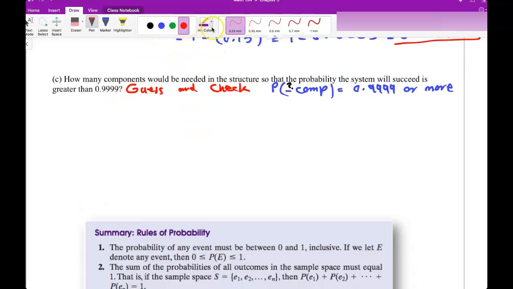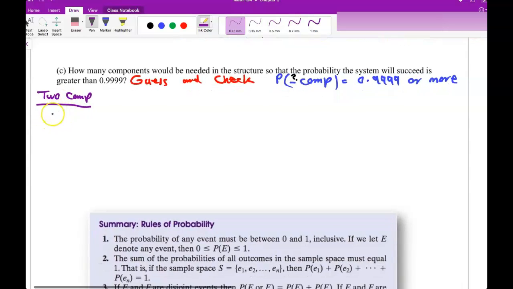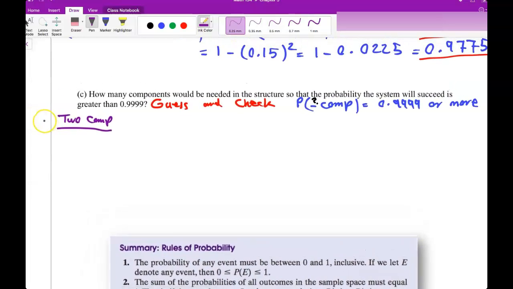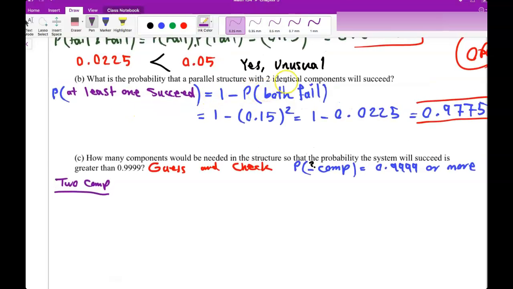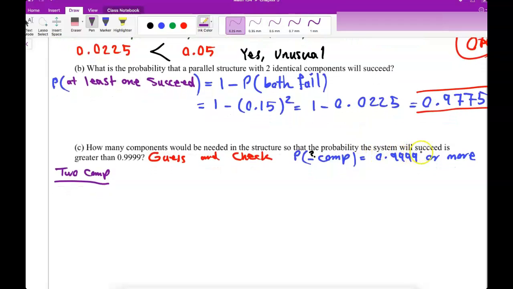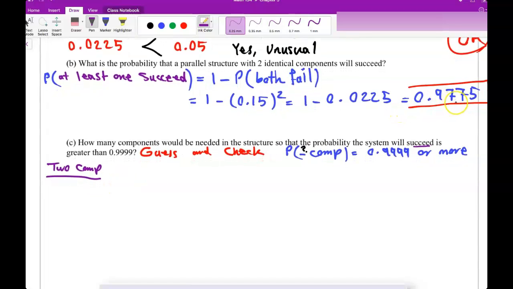So starting here with 2 components. We already know the answer for that part. Here 2 identical components will succeed. So for 2 components succeed, we had 0.9775.